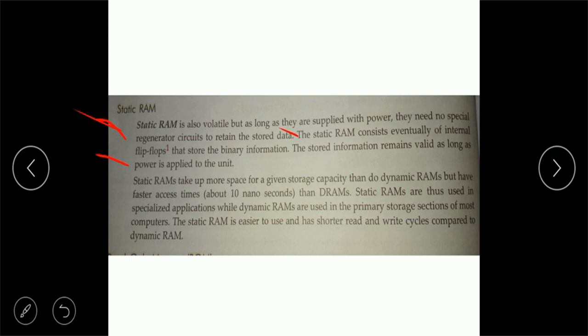Static RAM takes up more space for a given storage capacity than dynamic RAM, but has faster access time than DRAM. So here I think you have understood about the two types of RAM. Let us proceed further.